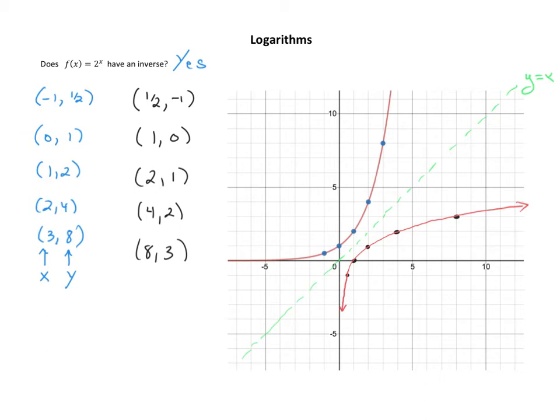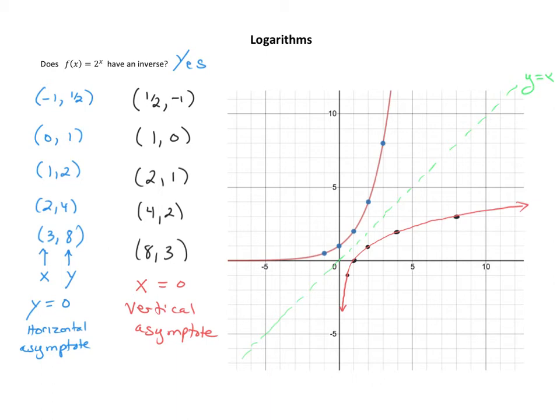So to state a couple of facts, on this exponential function, it had a horizontal asymptote, and that was y is equal to 0. Well, on the inverse function, there's a vertical asymptote, which is x is equal to 0. So we know a lot about what this inverse function is. We just don't have a formula for it.